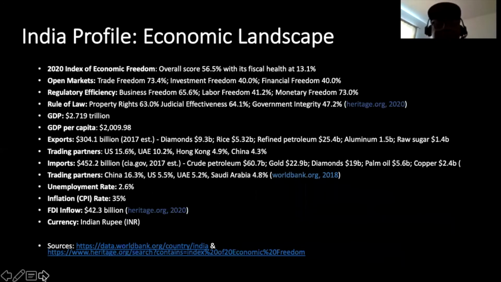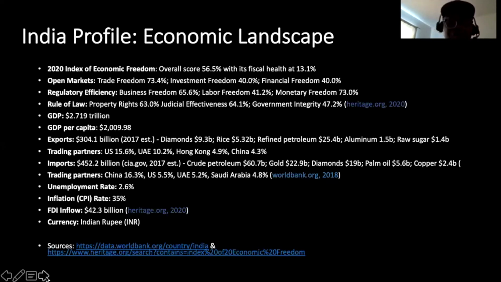Now, in terms of economic landscape, if you are to look at the Heritage Foundation 2020 Index of Economic Freedom, the overall score for India is about 56.5%, with its fiscal health at 13.1%.